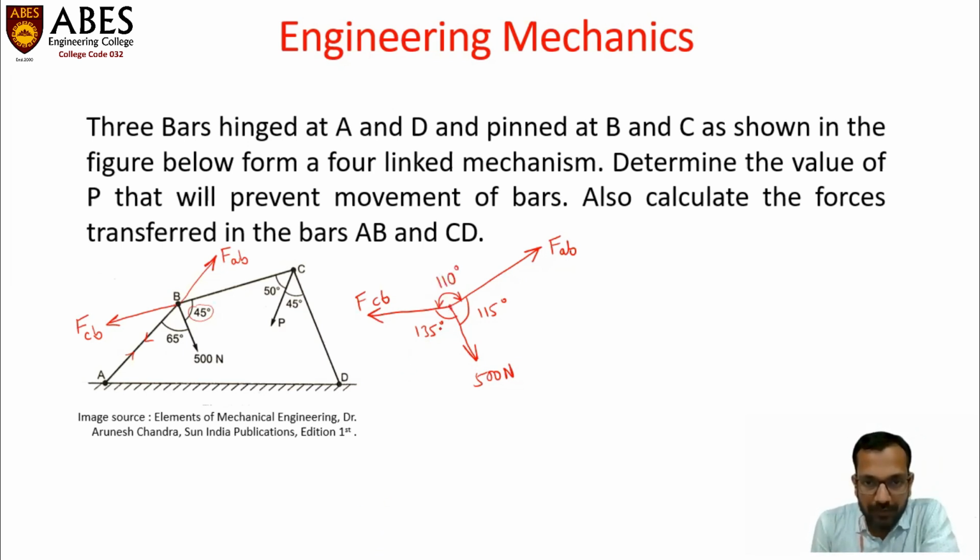So this is the individual free body diagram of this junction B, which I have shown here separately. Now this is a three-force system under static equilibrium, so we can directly apply Lami's theorem.